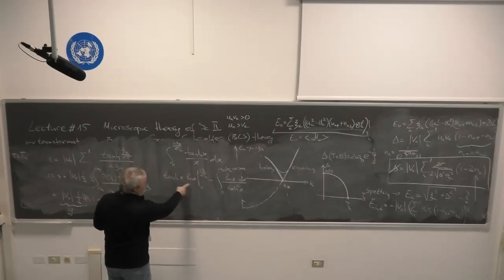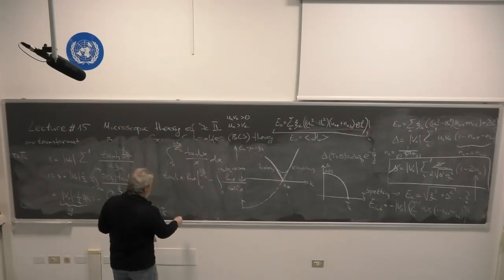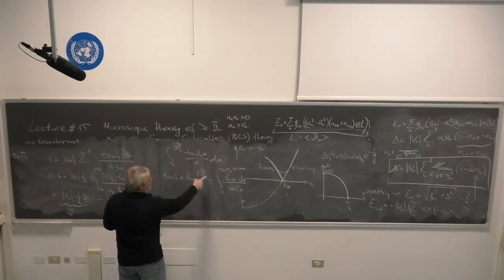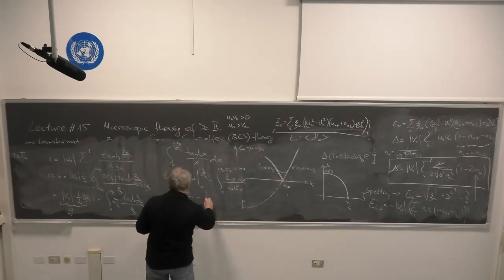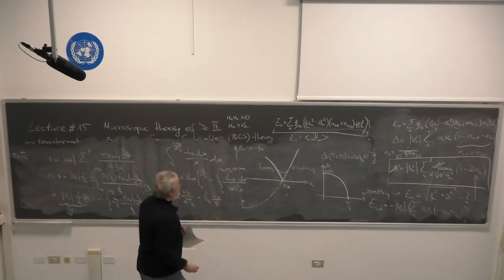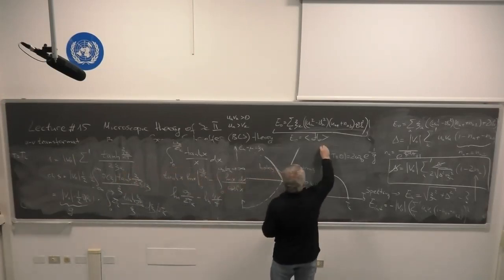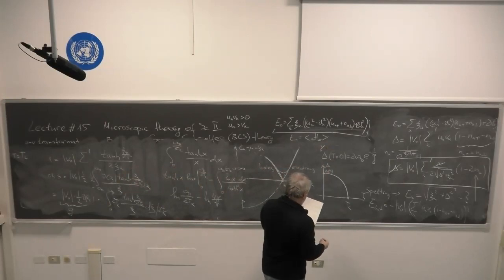The first term at 0 gives me 0 because x times log x is 0. At the upper limit, omega d is much larger than Tc, so tanh is equal to 1, and I have log omega d over 2 Tc. The second integral is just a number, minus log of 4 gamma over pi, where gamma is the so-called Euler constant.